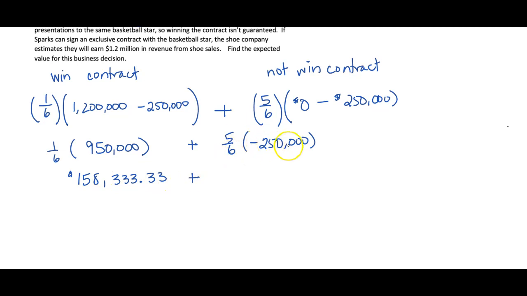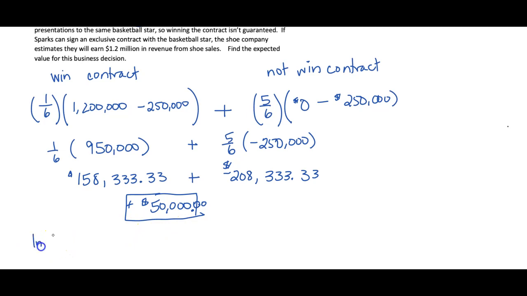And 5/6 times negative 250,000 would be negative $208,333.33, for a total of $50,000, and that is positive. So they would have a net gain of $50,000 in the long run with making decisions like this.